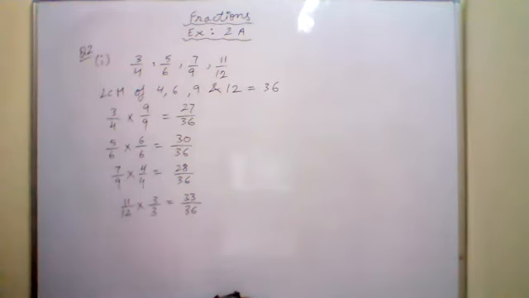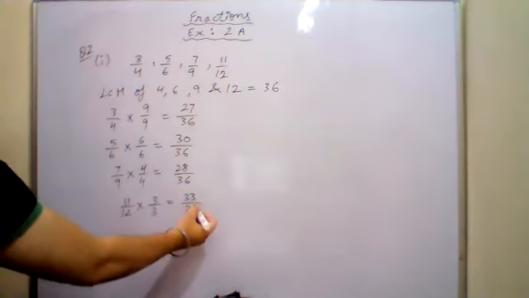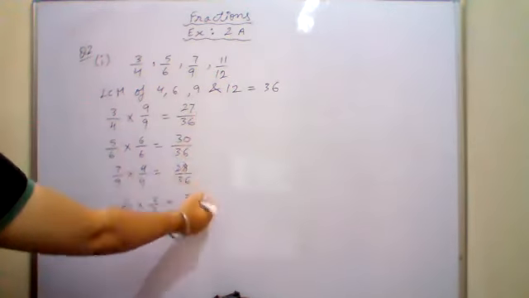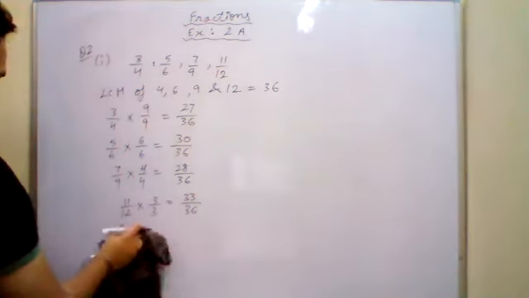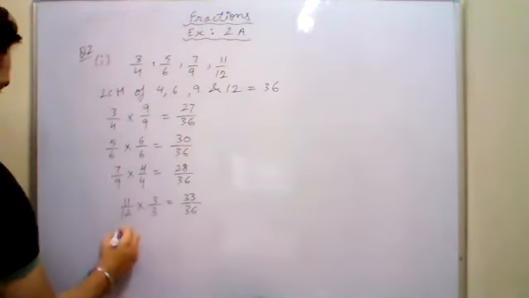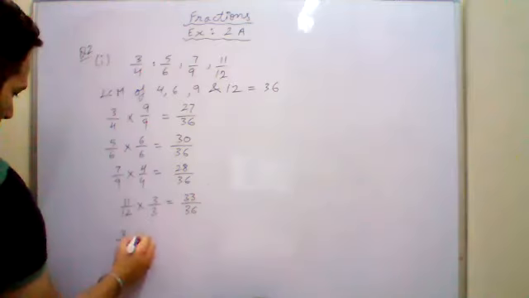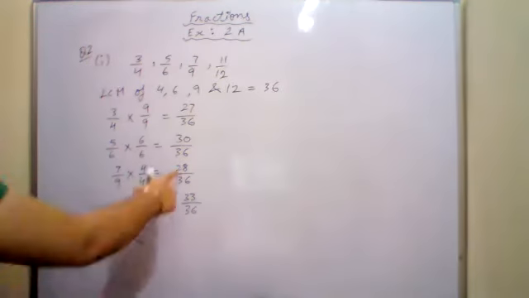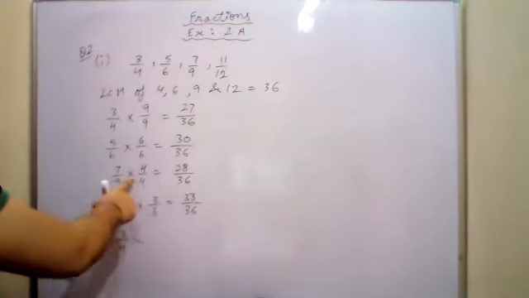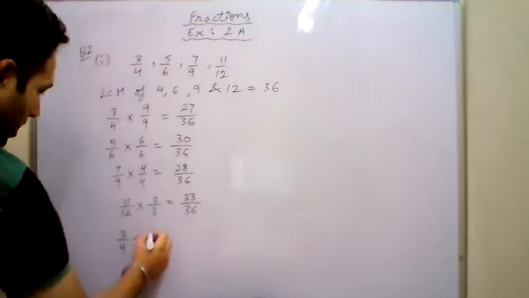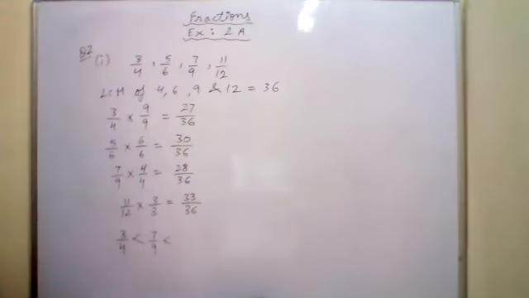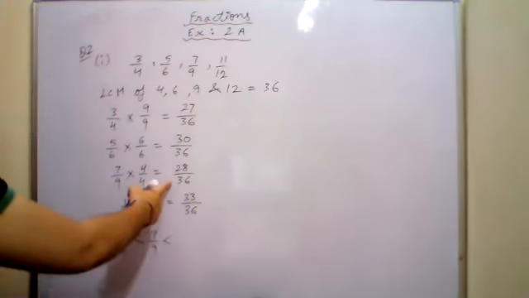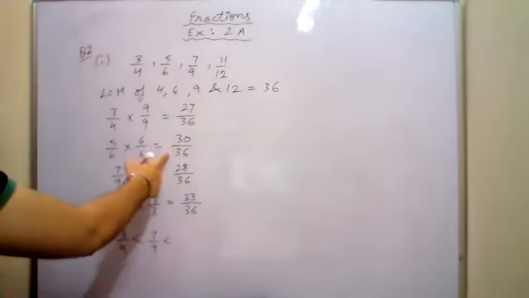Ascending order means increasing order. सबसे छोटा number पहले आएगा. So the smallest one is 27 upon 36. That means 3 upon 4 is the smallest. 3 upon 4 उससे बड़ा क्या है? This is 28 upon 36. That is 7 upon 9. फिर इससे बड़ा 30 upon 36.